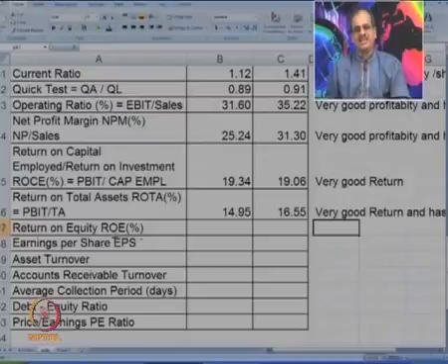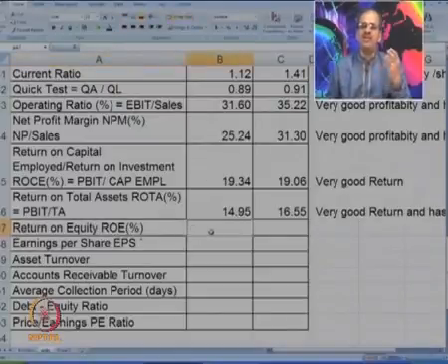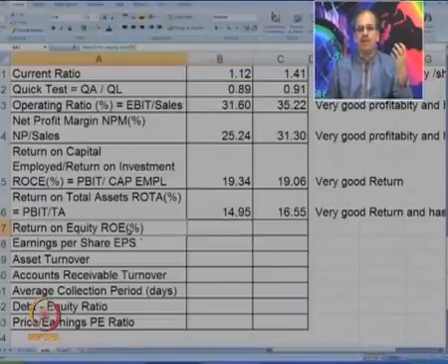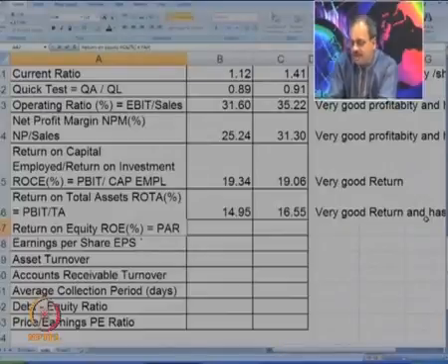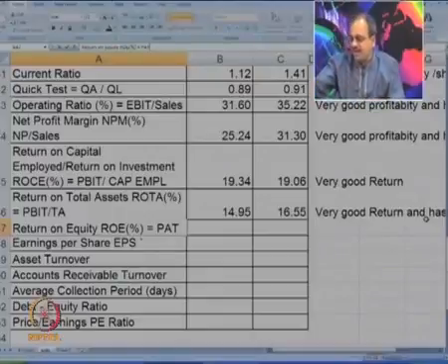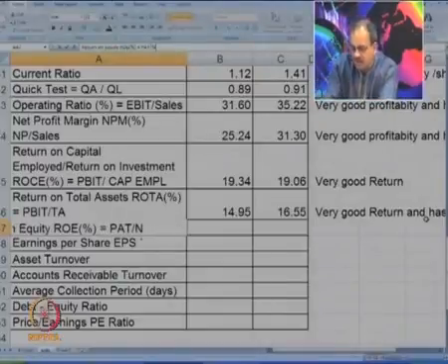Now, let us go to the next ratio, that is return on equity. Here we are trying to link the profit to the owner's fund. So, what should be the formula? In the numerator, now I will not take PBIT, I would rather take PAT or profit after tax and divide it by net worth.